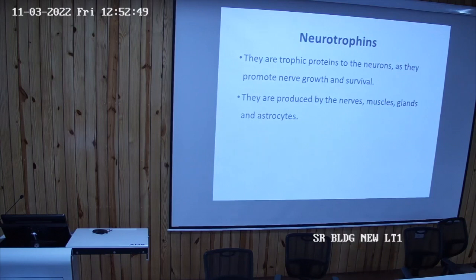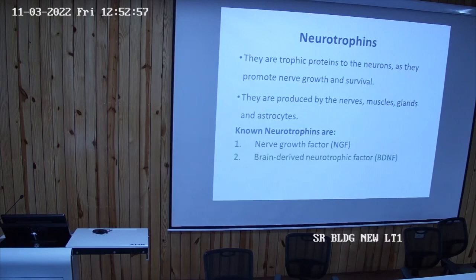Okay. And what are the different neurotrophins we know? These are the nerve growth factors. Then there are brain-derived neurotrophic factors. Then there are neurotrophin 3. Then there are neurotrophin 4 and 5. So these are types of neurotrophins we know.